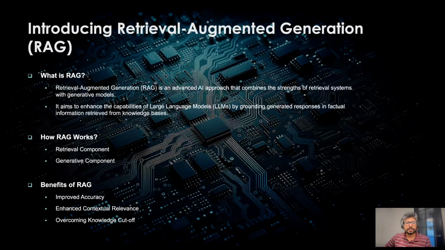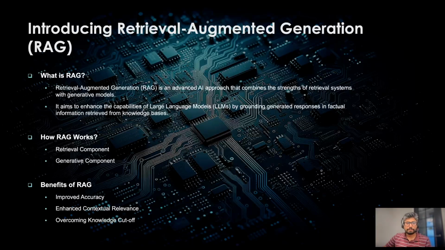The second component is the generative component. The generative model, typically an LLM, uses the retrieved information to generate coherent and contextually enriched responses. This integration allows the LLM to provide answers that are not only fluent and contextually relevant, but also grounded in factual data from the knowledge base.